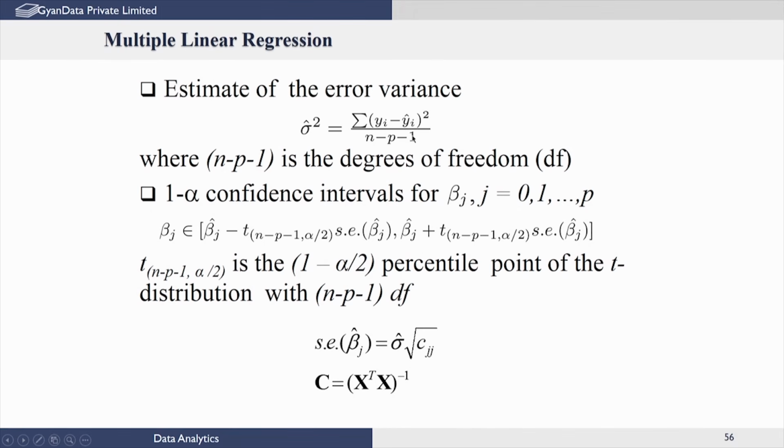Again, if you go back to your univariate case, you will find that the denominator is n minus 2. Here you have n minus p minus 1 because you are fitting p plus 1 parameters, p slope parameters plus 1 offset parameter. Therefore, out of the n measurements, p plus 1 are taken away for deriving the estimates, and only the remaining ones are the degrees of freedom.